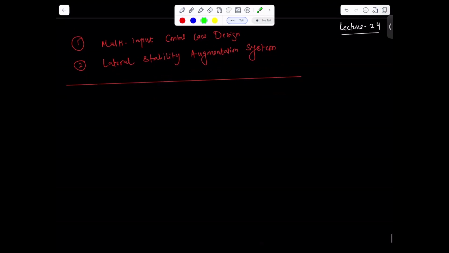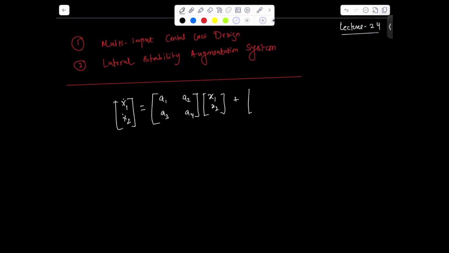So here, let's assume we have a second order system, x1 dot, x2 dot, and we have the matrix A1, A2, A3, A4, the system matrix, and I have the state vector, and we have the control matrix B, for example, and we have two inputs, u1 and u2.